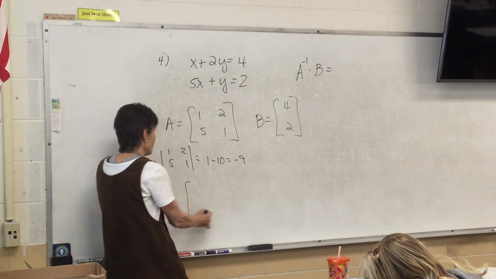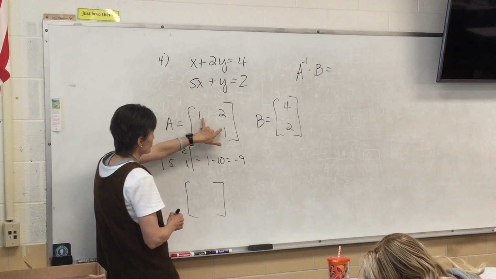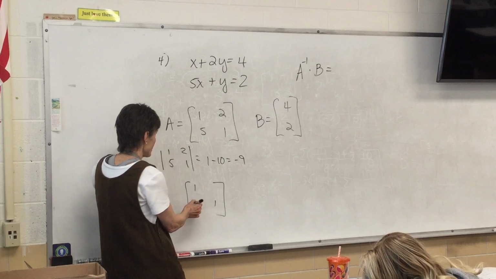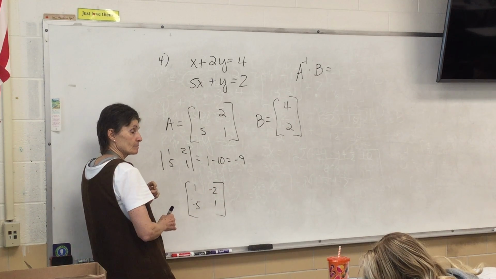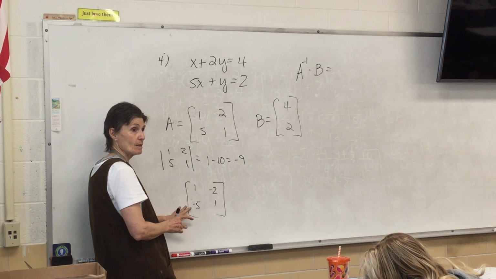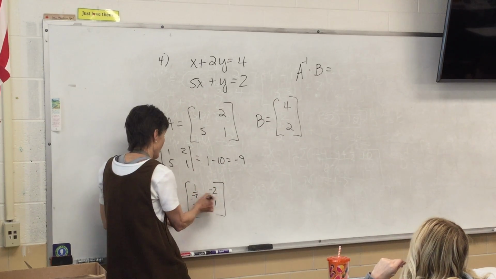Then we build that new matrix that we were talking about earlier. So we're going to switch the 1 and the 1. I'm going to change the signs on these guys. Everybody still following along? Then we'll divide all those numbers by our -9.